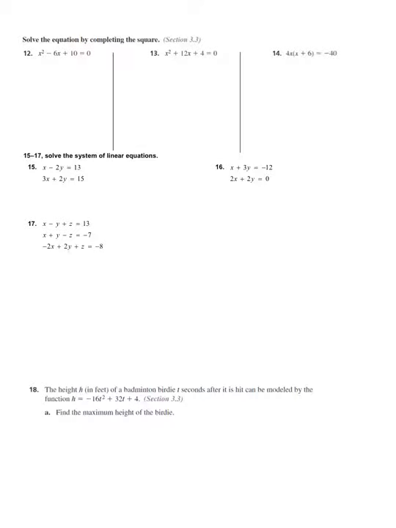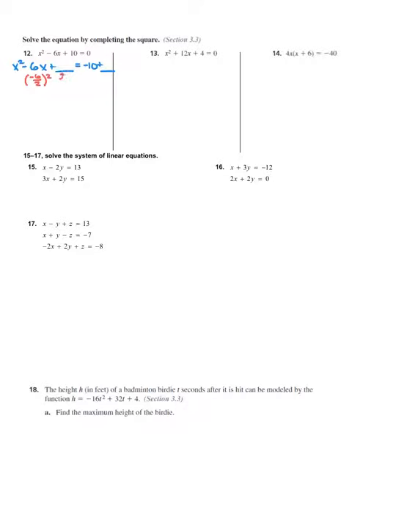Okay, we're on page 2, and notice these first 3 problems are solved by completing the square. So it's that process where you start off with isolating your x terms. So we're going to leave a plus blank, subtract 10 from both sides, and leave a plus blank. And remember, we always take half of that middle term and square it.